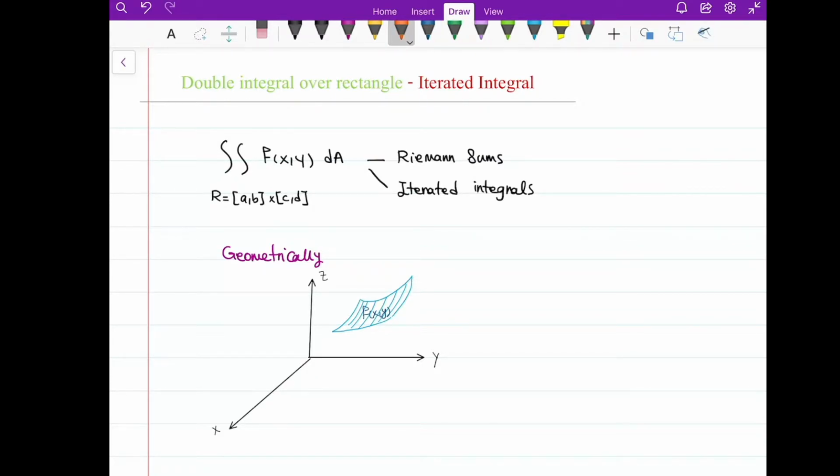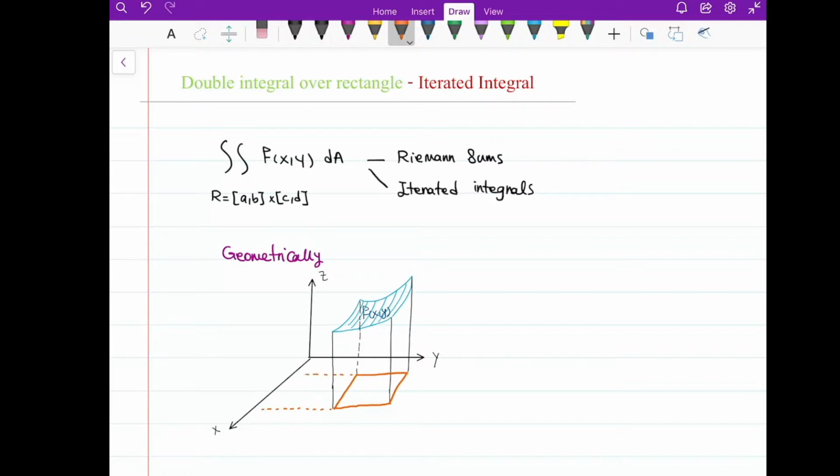Then I have a region on the xy plane. So let me try to have a good region in here, which is this rectangle.